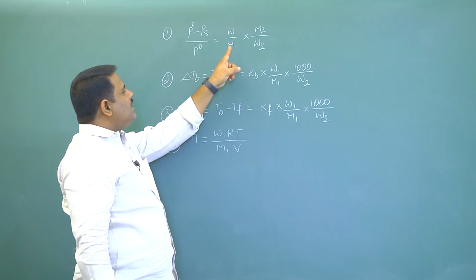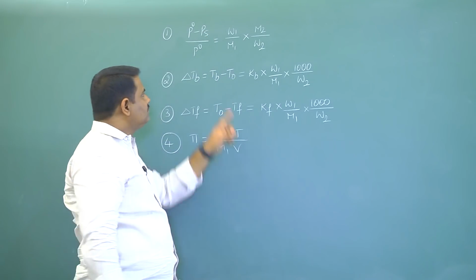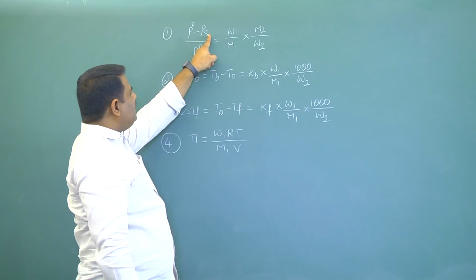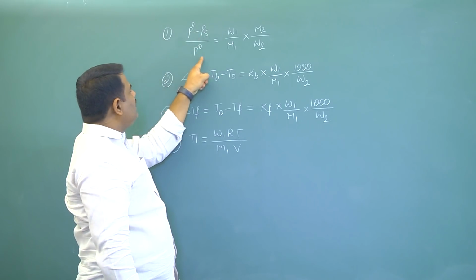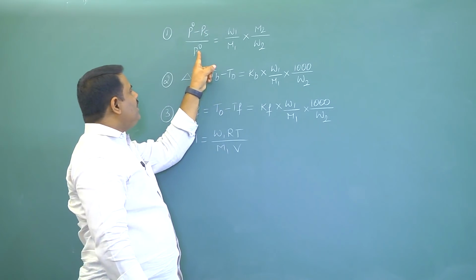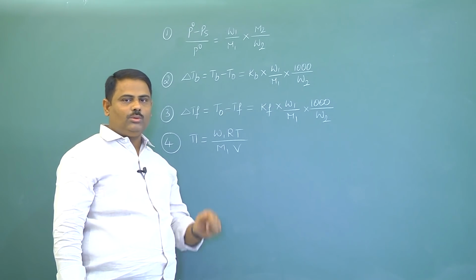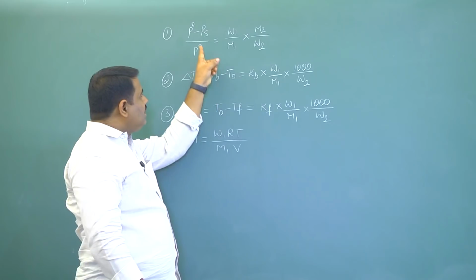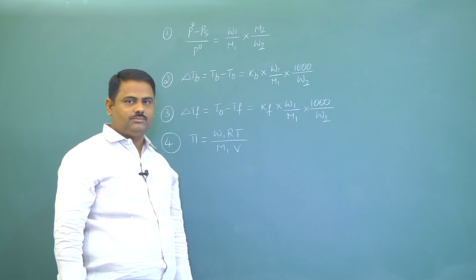Here, as number of particles of solute increases, PS decreases, but RLVP increases. So RLVP is directly proportional to number of particles of solute and inversely proportional to molar mass of the solute.